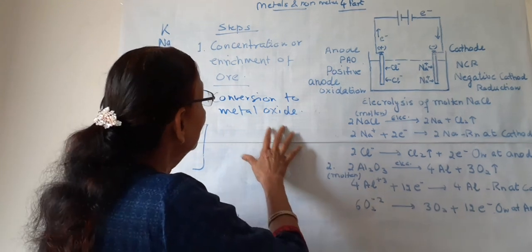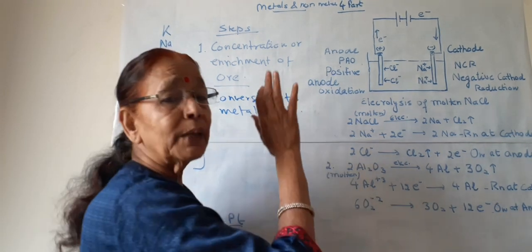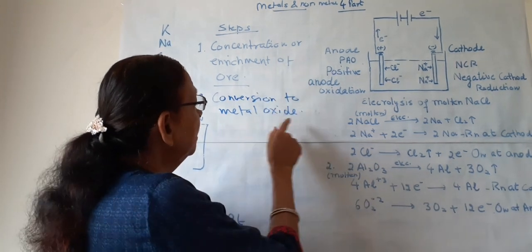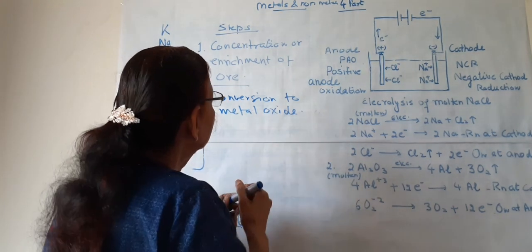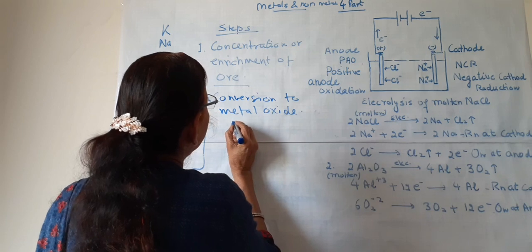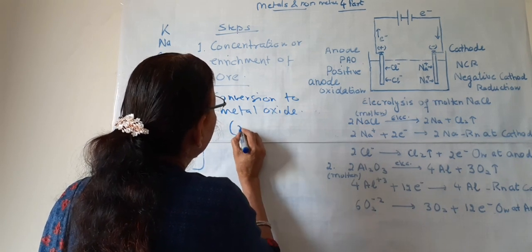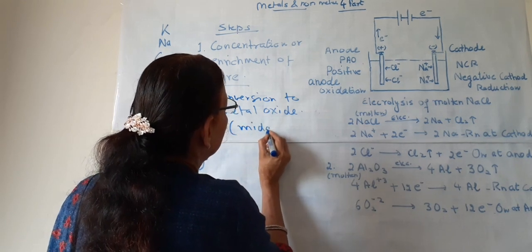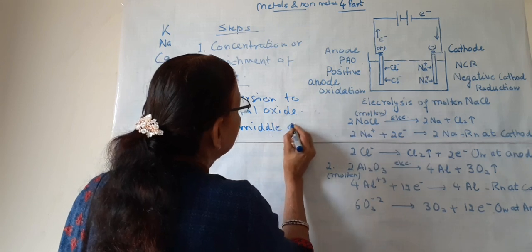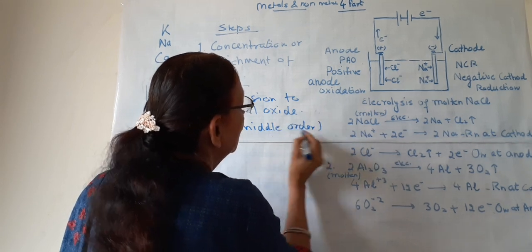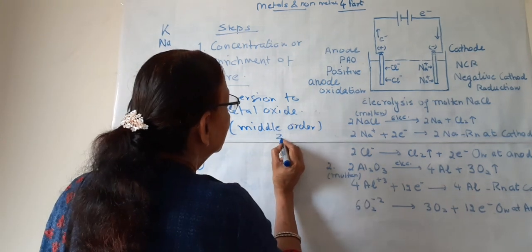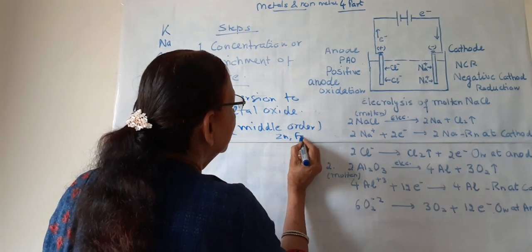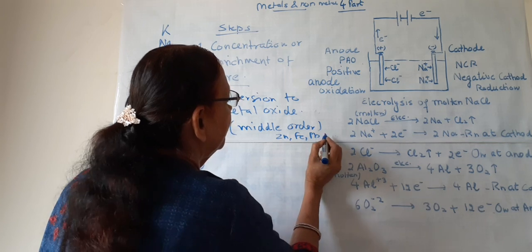So first of all, conversion of carbonate or sulfide is done to the oxide of the metal, and mostly this reaction is done in the middle order series, that is, for moderately reactive metals like zinc, iron and lead.